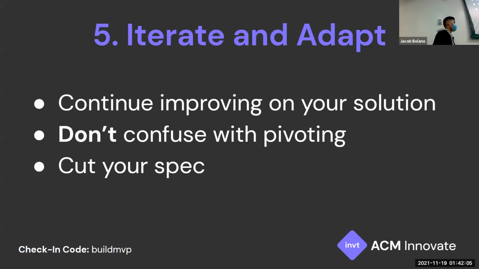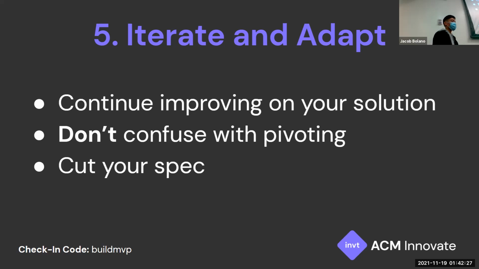Once you've built it, once you've got people interacting with it, and now they're giving you feedback, this is the time for you to start iterating and adapting. So this is where you start improving on your solution, start implementing features that people were asking about, or maybe even start taking things out that you didn't need from the start. And you shouldn't get this confused with pivoting.